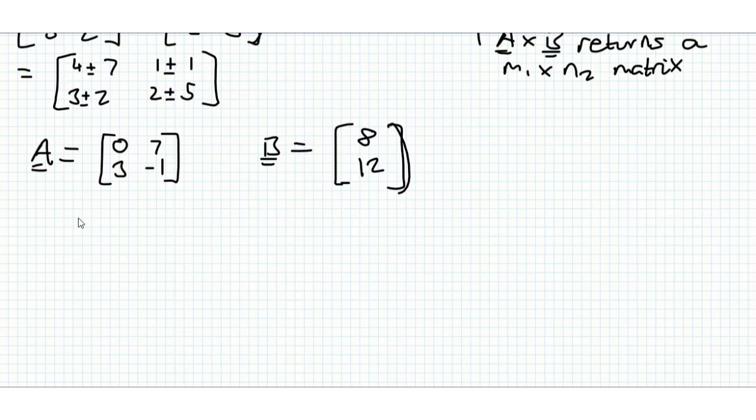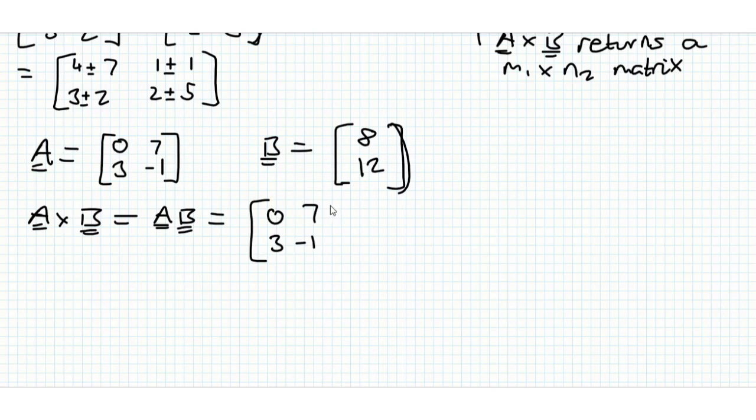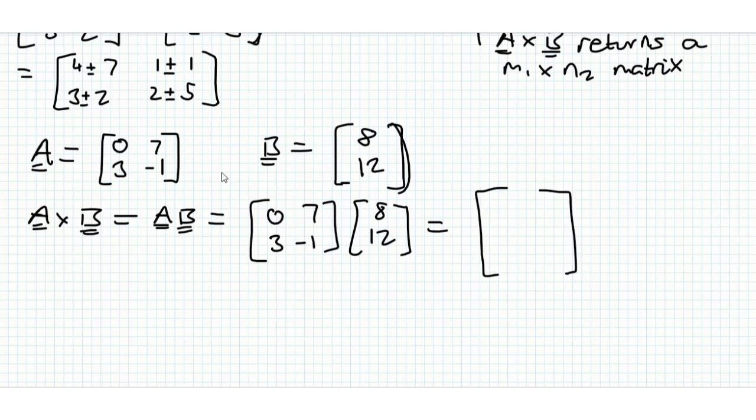Square brackets we tend to use. So A times B, or just AB, is equal to [0, 7; 3, minus 1] times [8; 12], and we do not define this element-wise. First we have to look at the sizes of these.